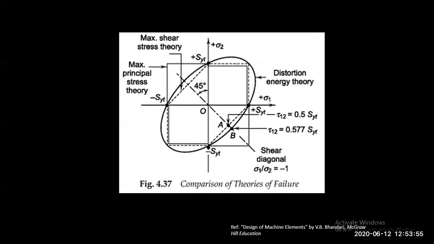So you can see one square here. This square is what is shown by the principal stress theory. The principal stress theory states that the material is safe when it falls inside this entire area. But you see this area here, it is not safe according to our distortion energy or von Mises theory of failure.